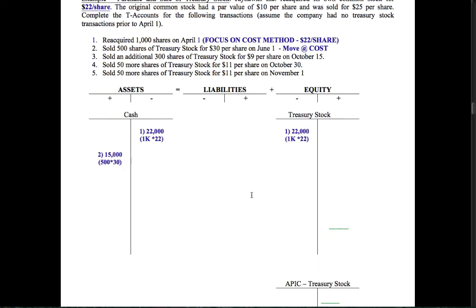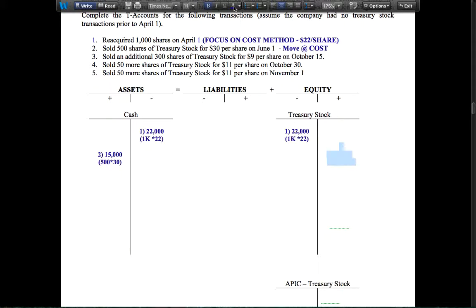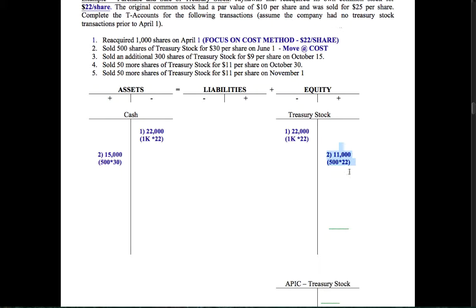However, we know for treasury stock, the balances move at $22 per share, and therefore the entry to treasury stock will not match the entry we made to cash. Therefore, we record the 500 shares at the $22, which is $11,000.